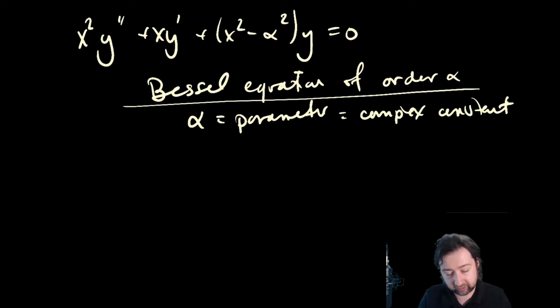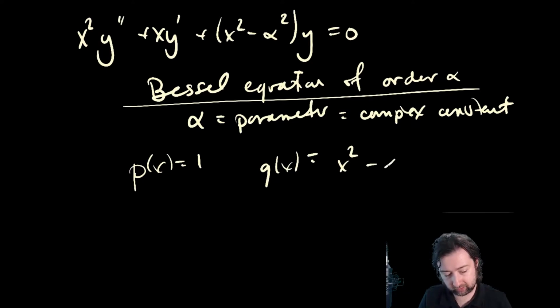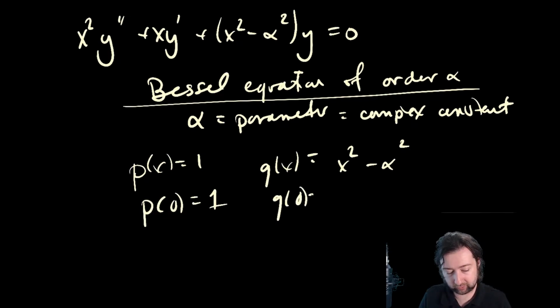So this is in that family of equations that have a regular singular point at 0. And this particular equation has p of x equal to 1 and q of x equal to x squared minus alpha squared. And so p of 0 is going to be 1 and q of 0 is going to be minus alpha squared.